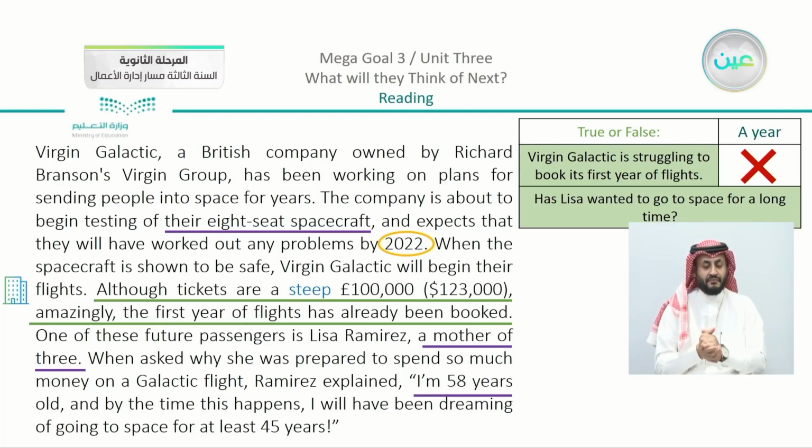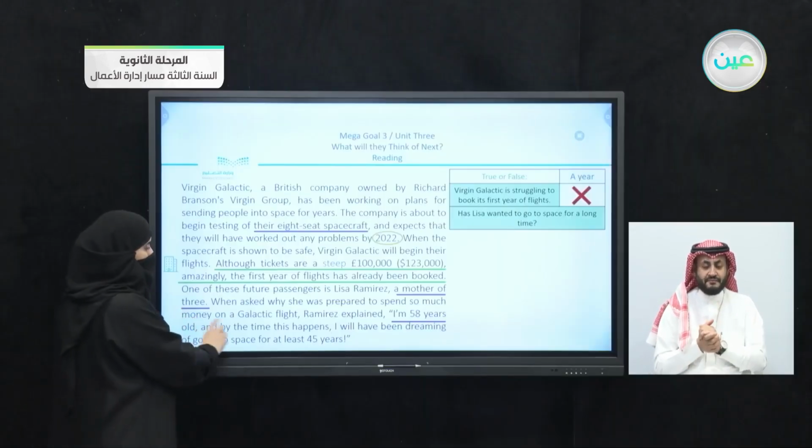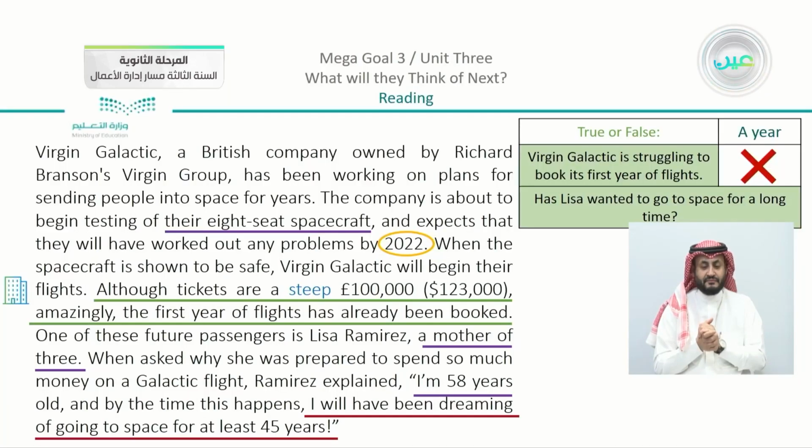She said that she was 58 years old, and she had been dreaming to go to space for at least 45 years. Now, we scanned and highlighted the information that we discussed and talked about in our questions. We are going to move on.